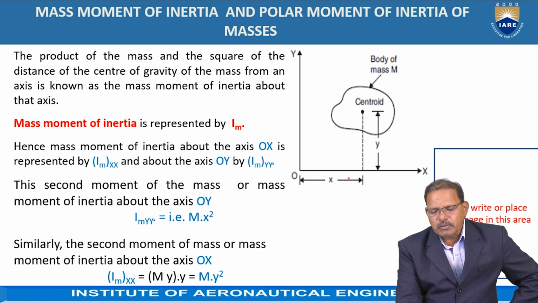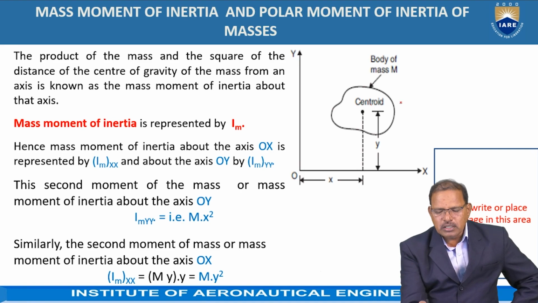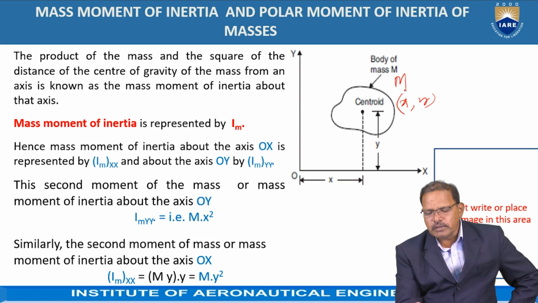According to the principle, the mass moment of inertia is the product of the mass of the body and the square of the distance between the reference axis and the central gravity of the given object. So when we are representing with respect to Ox and Oy, the moment of inertia of the center of this element, assume it is represented here by x and y, and m is representing the mass of the element.